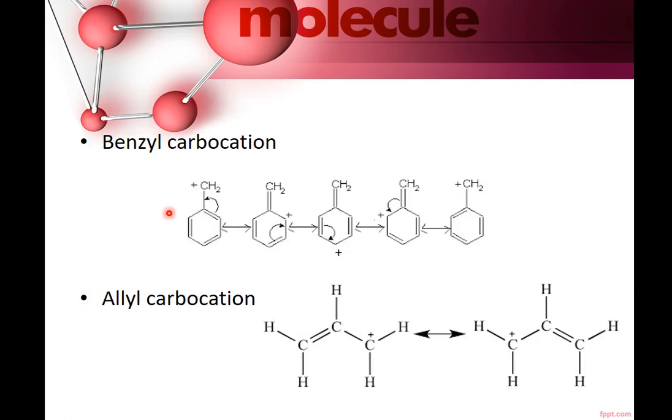You can see here, for benzyl carbocation, you can form 5 resonating structures. For allyl carbocation, you can form 2 resonating structures. So both of them are resonance stabilized. Benzyl being better stabilized, reactivity of benzyl is greater than allyl even.